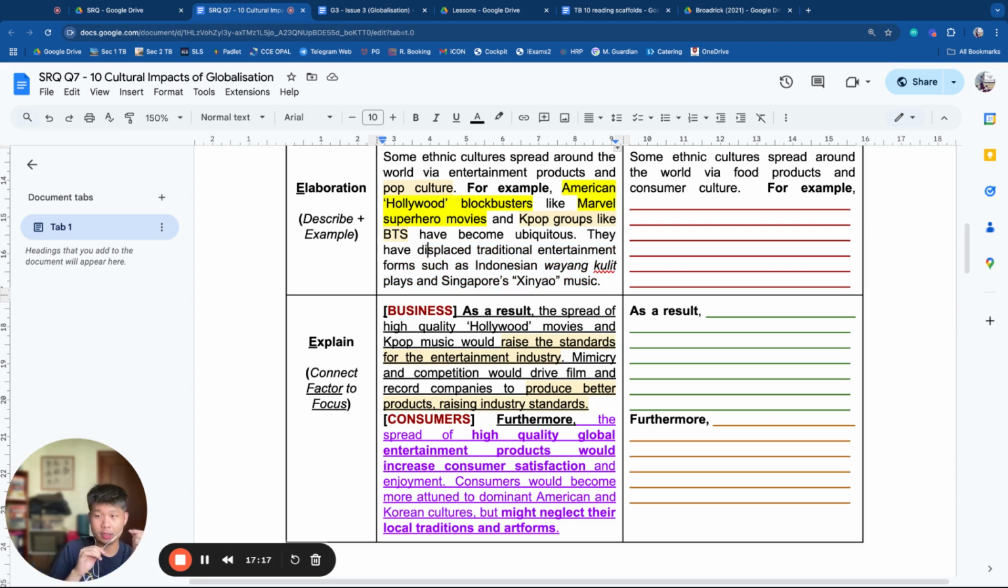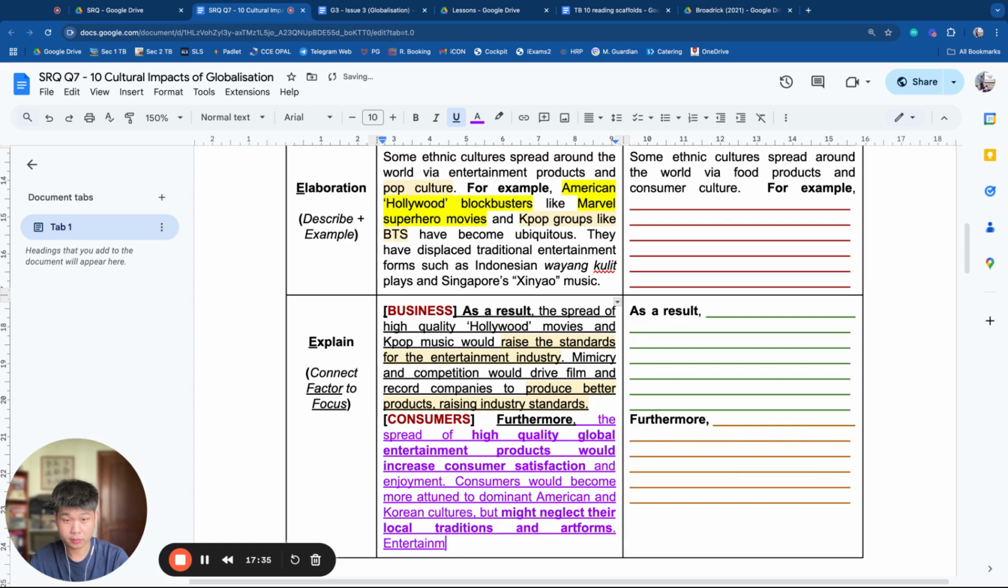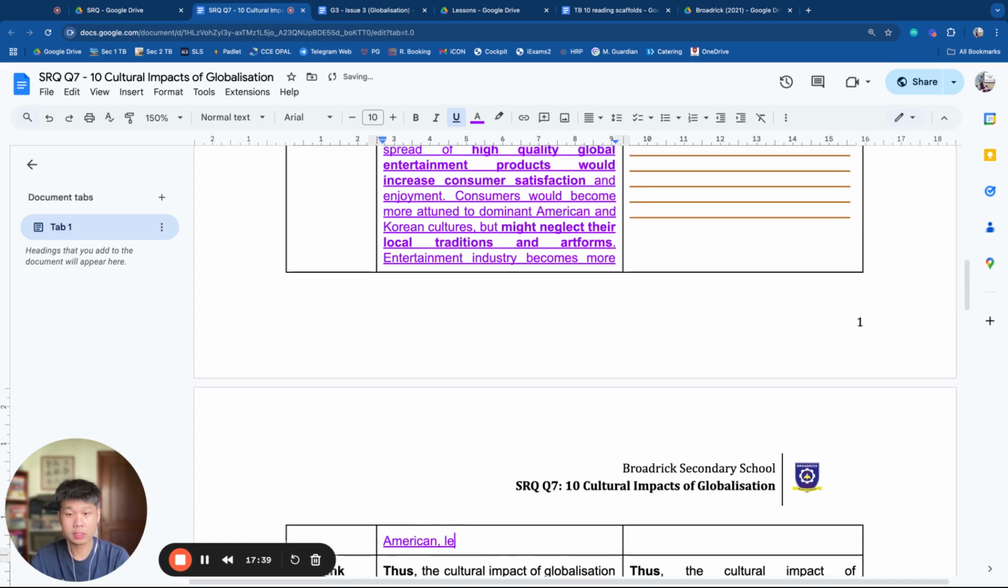So in that case, there is the example to support your argument here that they have neglected local traditions, and that's how the entertainment industry is changed. That it's more American, less local. Right, so you could even spell that out. So the entertainment industry becomes more American, less local, less diverse.